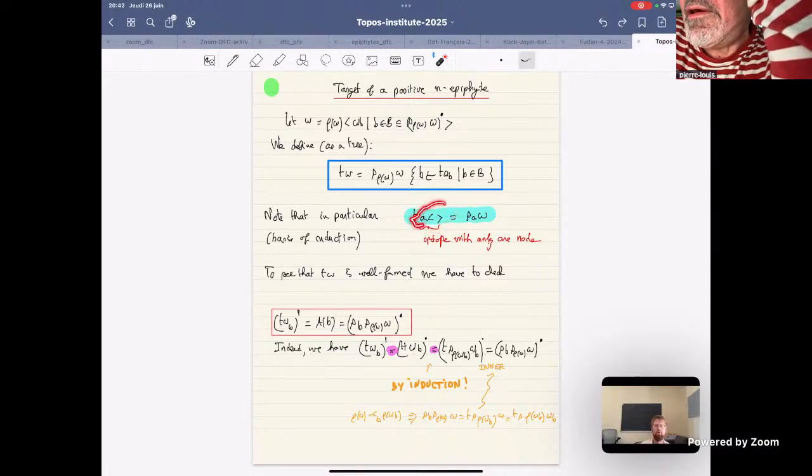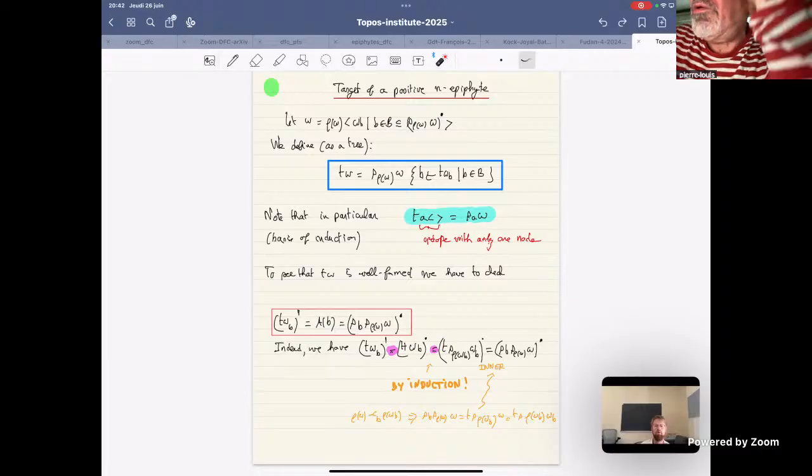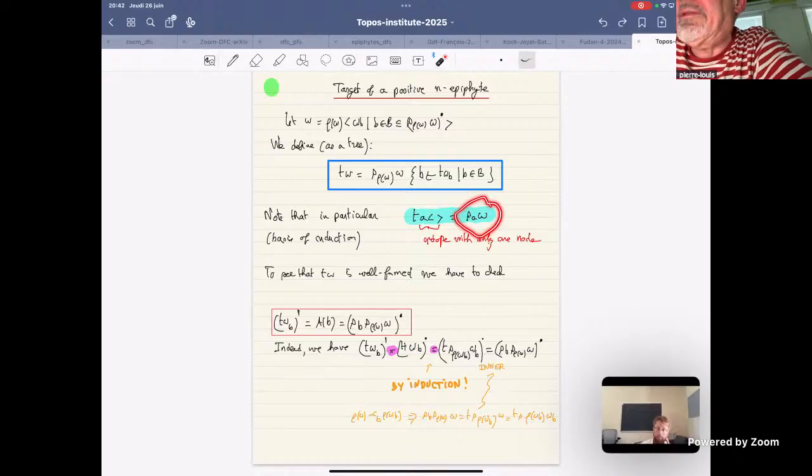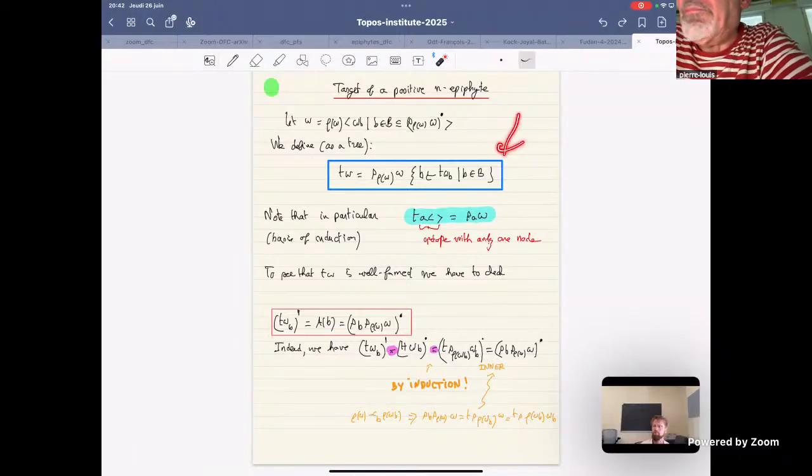So it's an opetope that has only one node, no internal edge. Then the target is actually the source at this node. It's actually the case where B is empty in this definition.